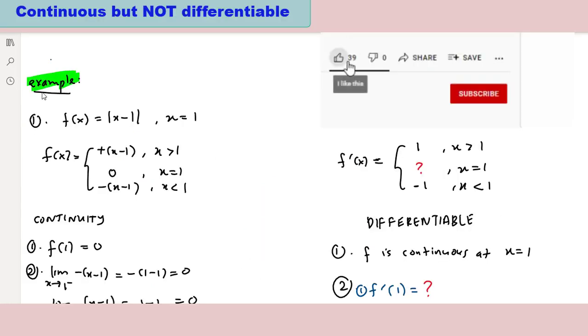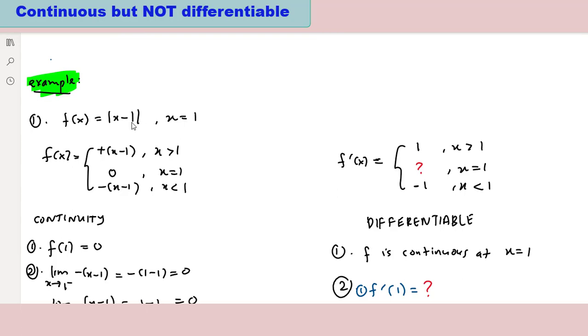Example: given that f of x is equal to modulus x minus 1, check continuity or differentiability at x is equal to 1. The absolute value can be defined as x minus 1 when x is more than 1, 0 when x is equal to 1, and negative x minus 1 when x is less than 1.